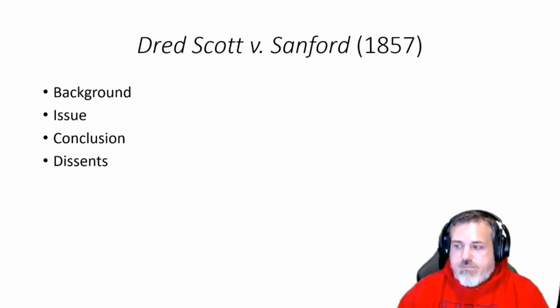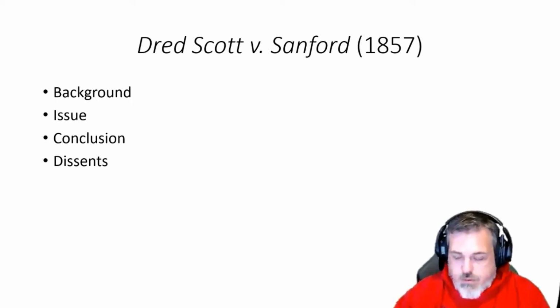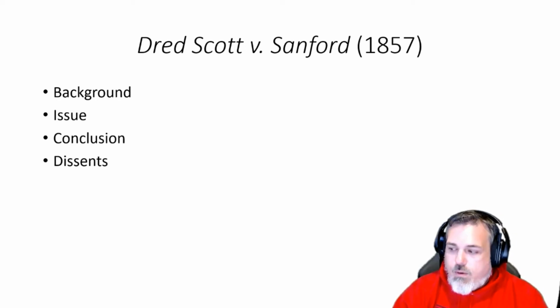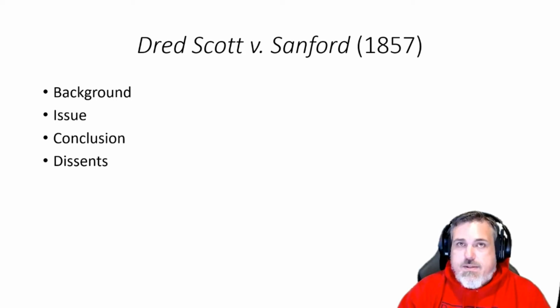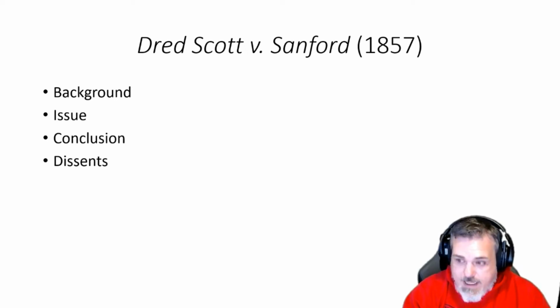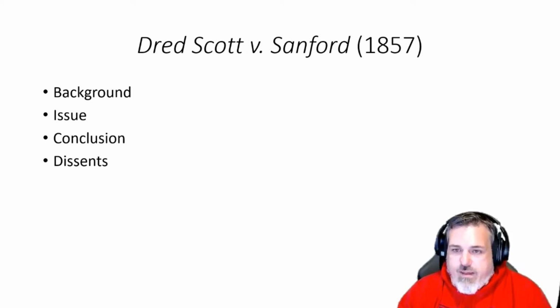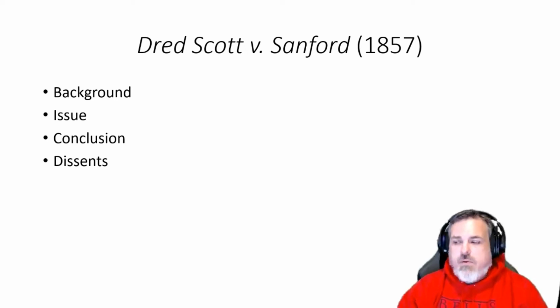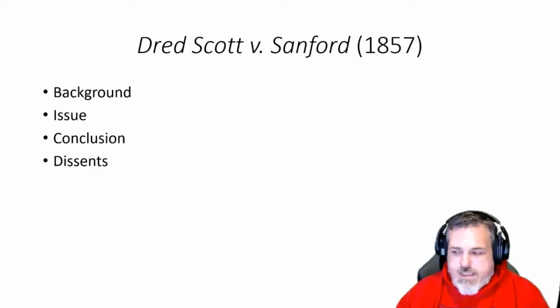Sanford files a motion. The individual who currently owns him files a motion claiming that the court lacks jurisdiction to hear the suit because Scott is not a citizen. What he's claiming there, and really what the issue in this case is, is that Sanford is claiming that Scott is not a citizen of the United States. And if he is not a citizen of the United States, he can't bring suit in federal court to force his claim.